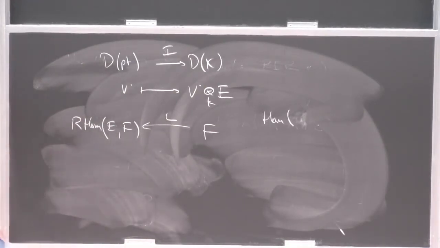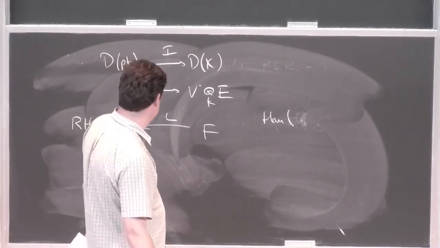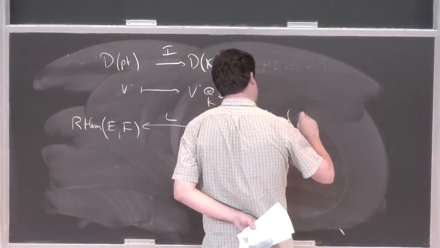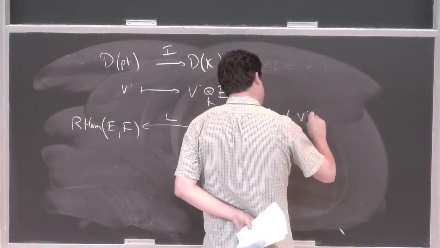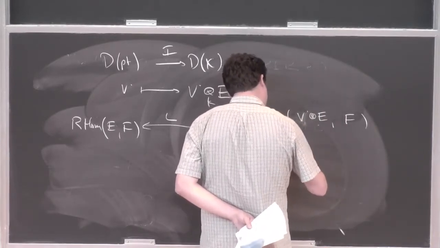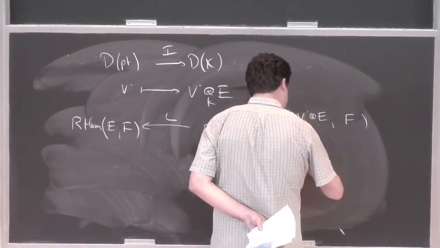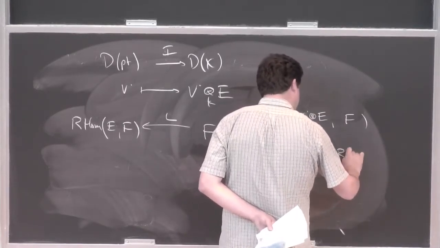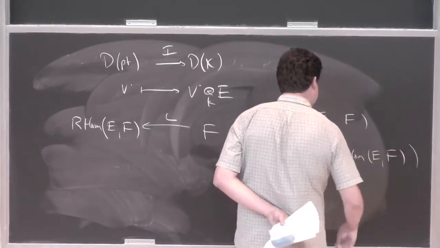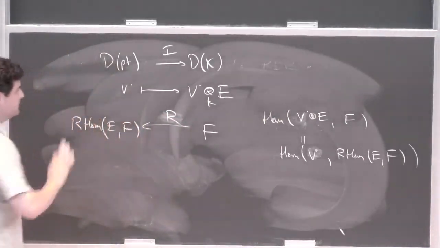Is this left adjoint? Yeah, if I do hom from V tensor E to F, this is hom from V to R hom of E, F. Right, so this is the right adjoint. Okay, good.